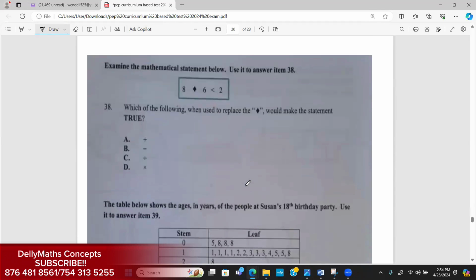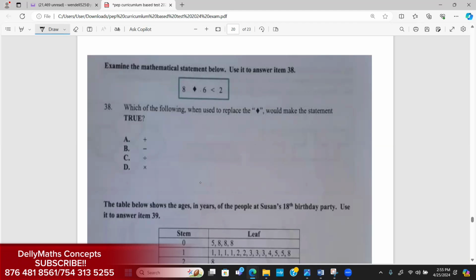Let's keep going. 38. Examine the mathematical statement below. Which of the following, when it replaces the diamond, would make the statement true? Let us say we're looking at A. If you add, we'll get 14.